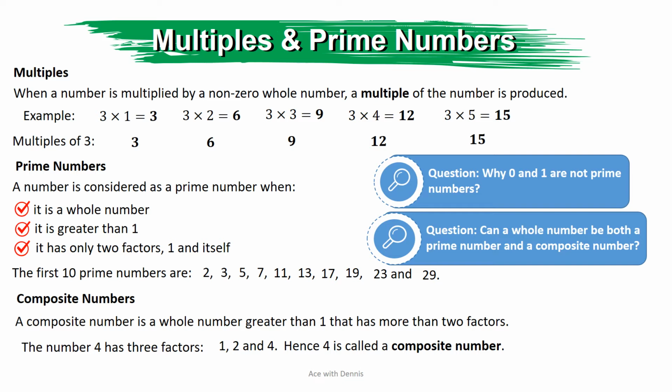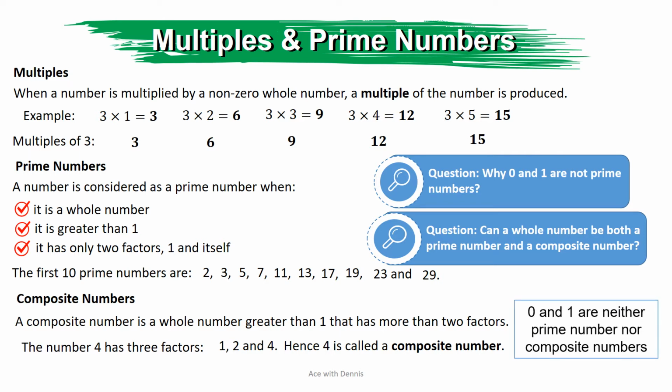Can a whole number be both a prime number and a composite number? The answer is no, because prime numbers and composite numbers are opposite to each other. A whole number cannot be both. 0 and 1 are neither prime numbers nor composite numbers.